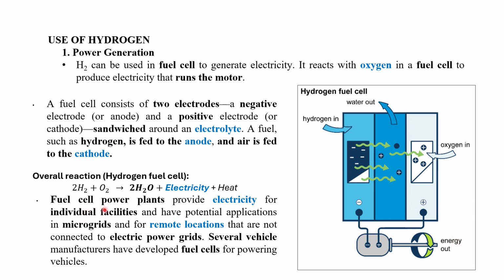Fuel cell power plants provide electricity for individual facilities and have potential application in microgrids for remote locations where electrical power grid connections are not available. Nowadays, several vehicle manufacturers have developed fuel cells for powering vehicles.